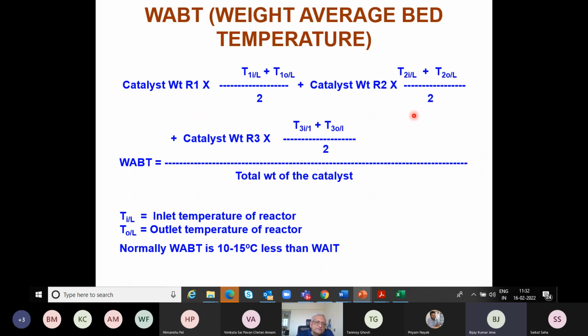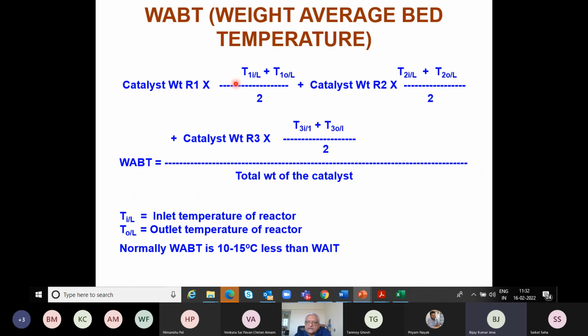There is another definition, called the weighted average bed temperature, where we take the inlet temperature and the outlet temperature and divide by 2. So it is a kind of mean average temperature in the bed, T1 inlet plus T1 outlet over 2, times the catalyst weight.